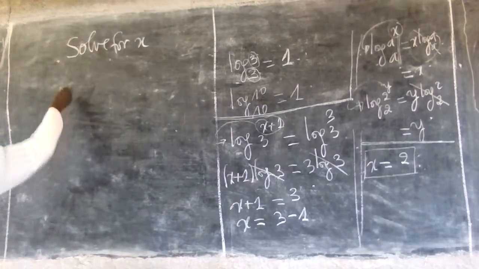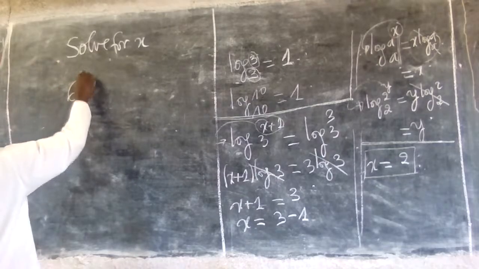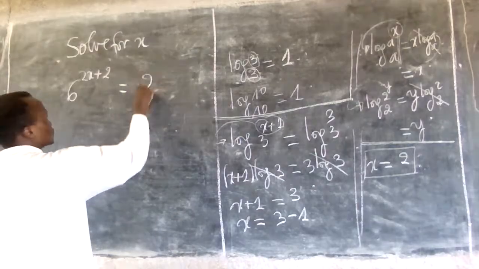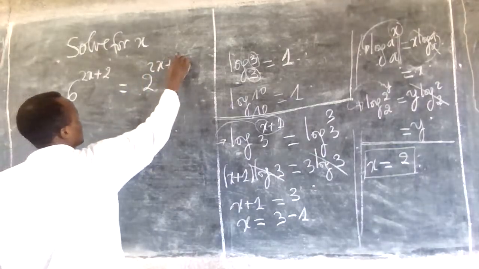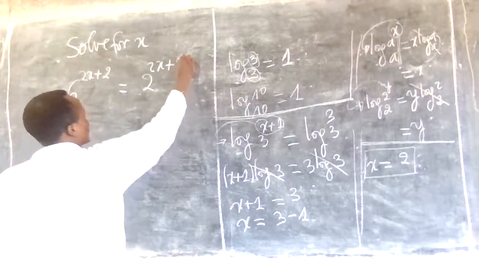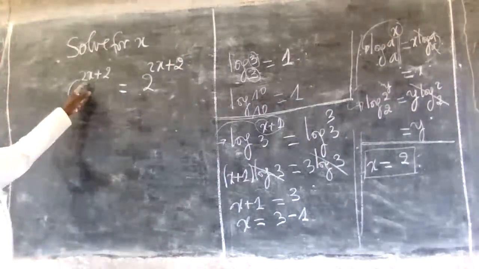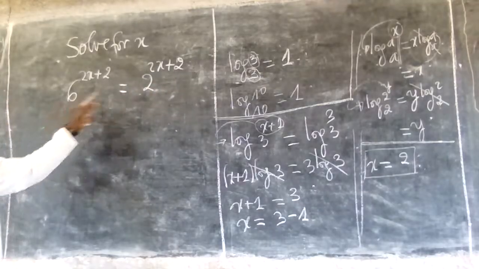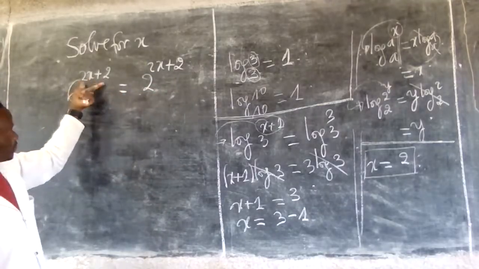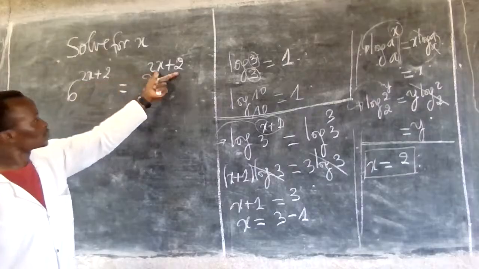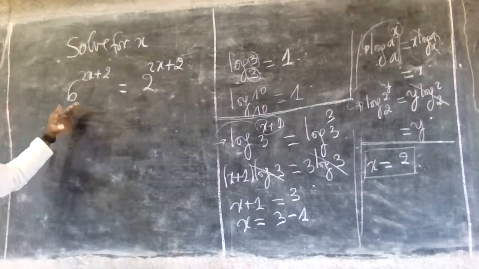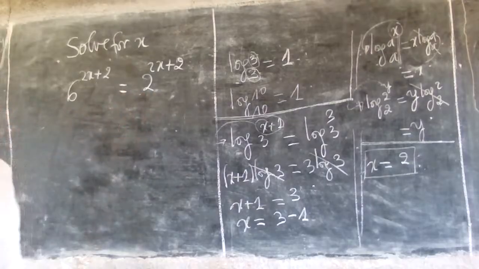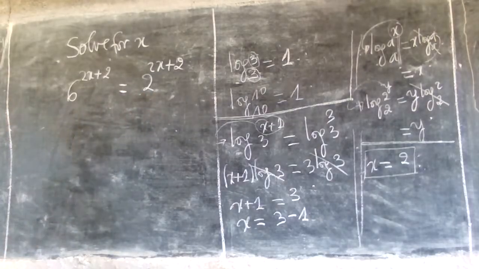For example, we have 6 power 2x plus 2 is equal to 2 power 2x plus 2, for example. You see, same powers, but different bases. Same powers, you see, the two powers are similar, but different bases. How should we solve this kind of exponential equation?